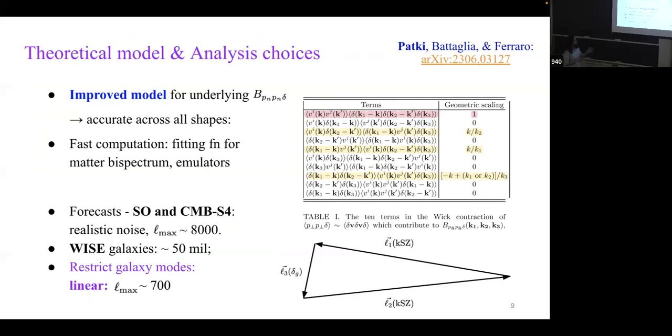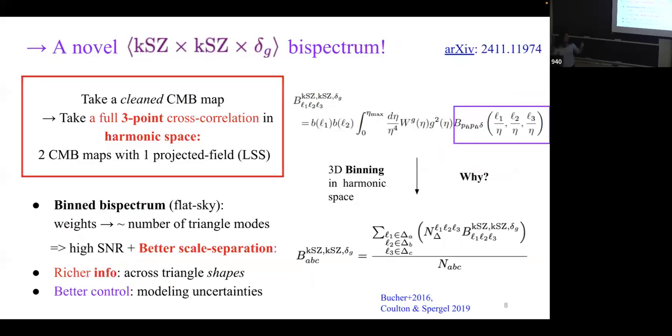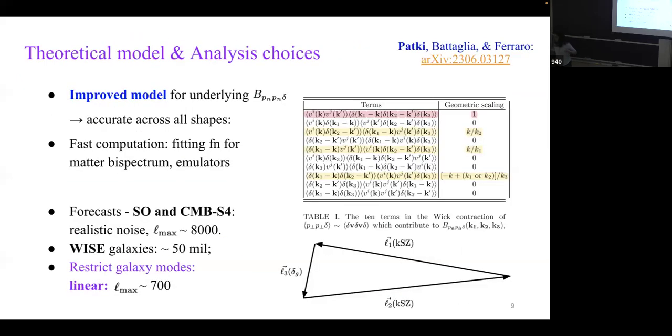As for the theoretical model of this binned bispectrum that we are looking at, this was based on my previous work for the kSZ squared estimator, but it's applicable to both of these related estimators. In my previous work, I derived an improved, more accurate model for this underlying bispectrum.